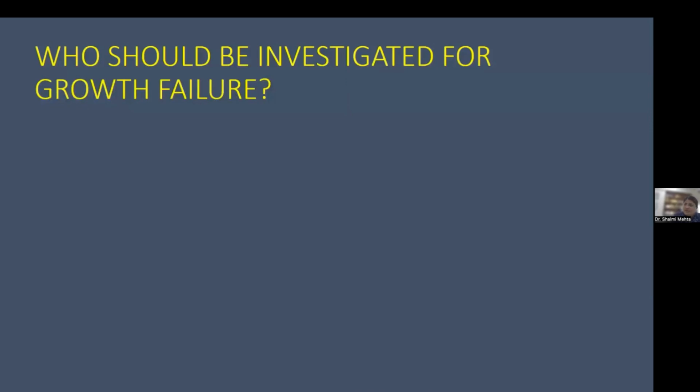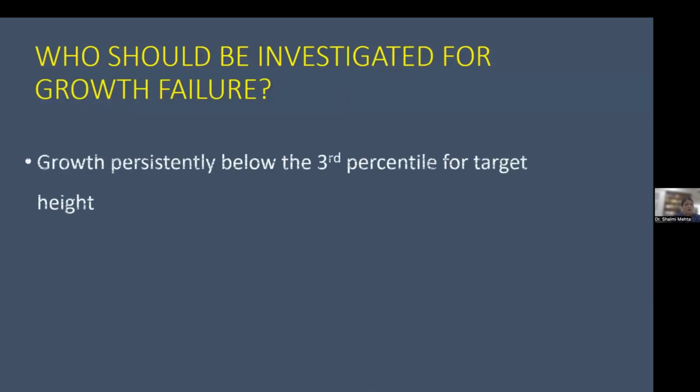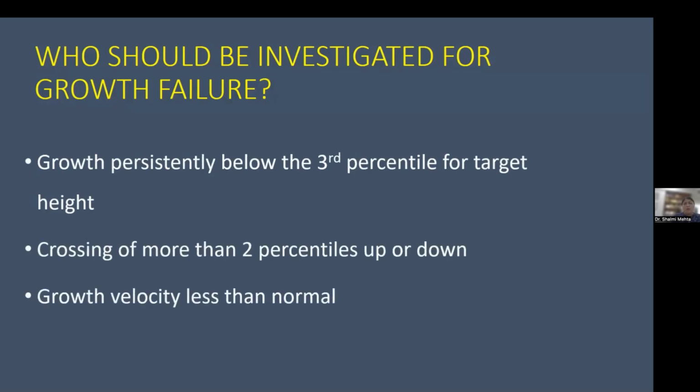So how do we investigate growth failure when you go to your doctor? Or rather, when do we investigate, right? If you're continuously growing below the target height, so you have a genetic potential, you should be growing according to your family's genetic potential.